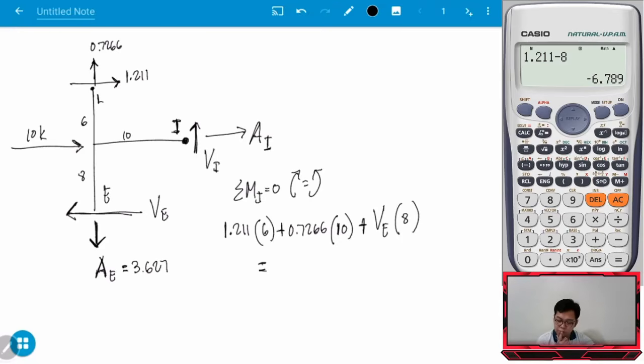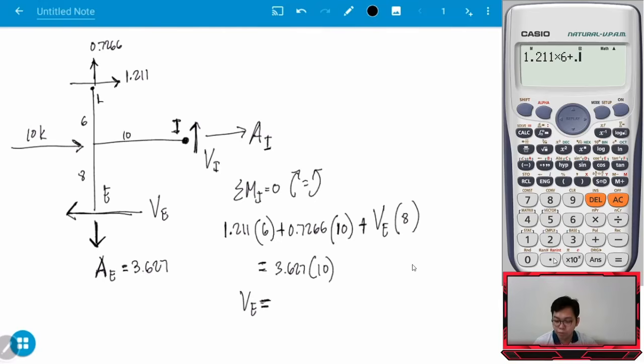Now, yung counterclockwise moment natin, I think, isa lang, di ba? Tama ba? Isa lang? Isa, dalawa, tatlo. Tama, isa lang. So, that is actually yung AE na 3.627 with a moment arm na 10. Okay? So, with this, guys, you can actually solve VE. Yeah, pwede natin isolve ang VE. Ano yung VE natin dito? 1.211 times 6.